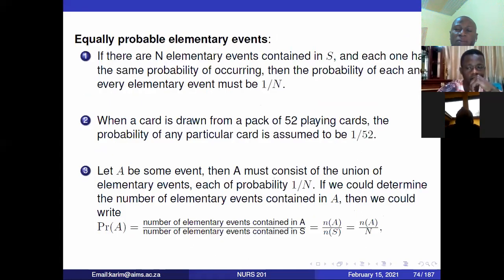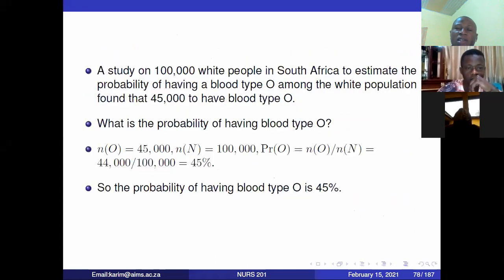Now let's take this example. Here we are conducting a study on 100,000 white people in South Africa, and we found that 45,000 of them have blood type O. Our interest is to estimate the probability of having blood type O. The number of people with blood type O is 45,000.